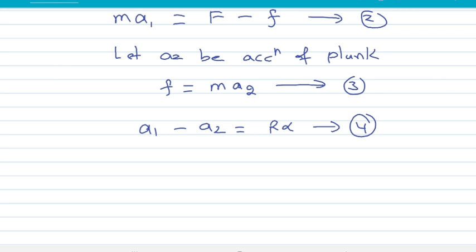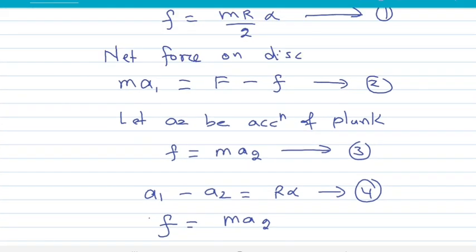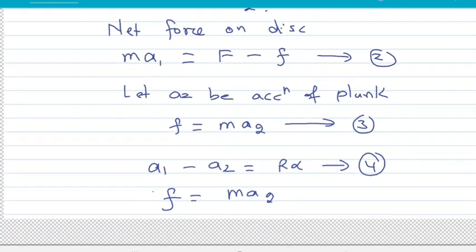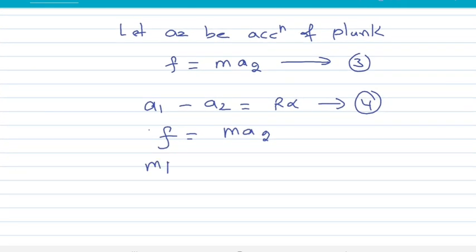Now by using these four equations, we have to find the acceleration of the plank. We can see that A1 minus A2 is given by R alpha. The frictional force is equal to m A2, and this frictional force can also be taken as m R alpha by 2. So m R alpha by 2 is equal to m A2.